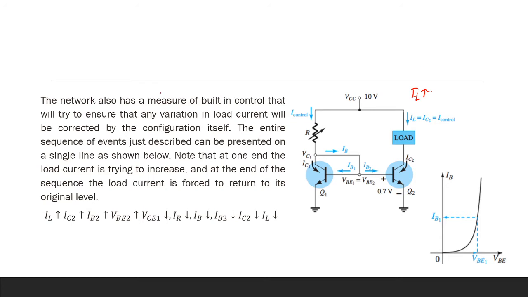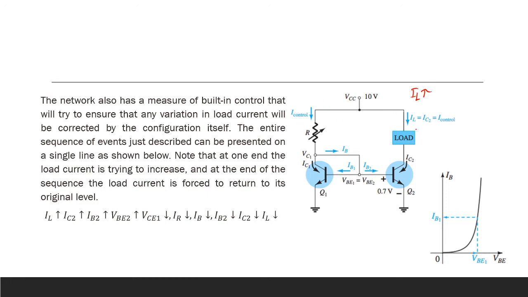Now, this network, it also has a built-in control that will try to ensure that any variation in the load current will be corrected by the configuration itself. So kapag daw tumaas tong IL, meron siyang mechanism or merong capability itong circuit natin na ipagparehas yung value or ibalik rather.